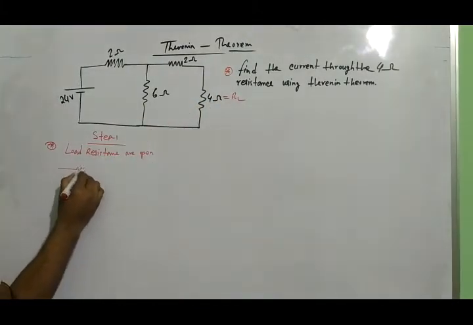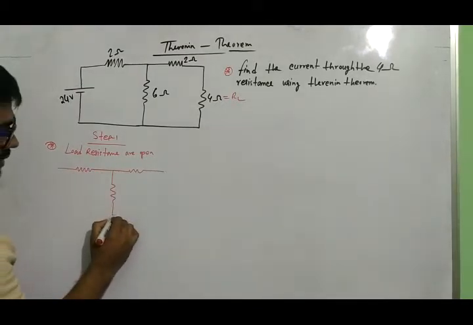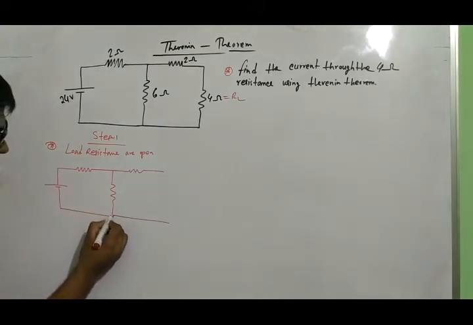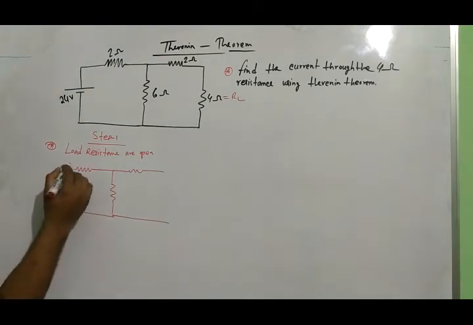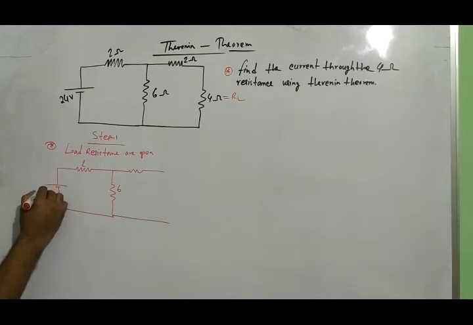So now I am drawing the circuit. The circuit is like that. Okay, here the load resistance is open. I think you understood. The values of resistance are 2, 6 and 24 volt.